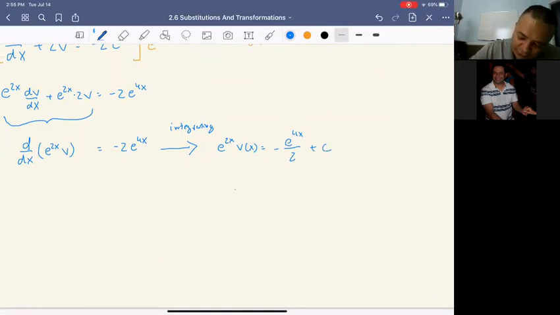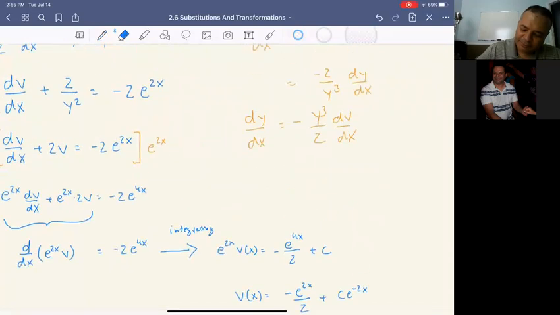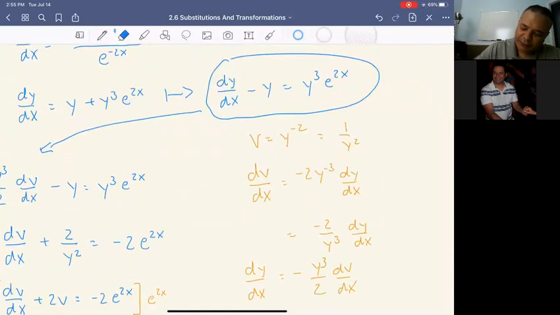So v of x is going to be negative e to the 2x divided by 2 plus c e to the negative 2x. Remember, v is 1 over y squared.